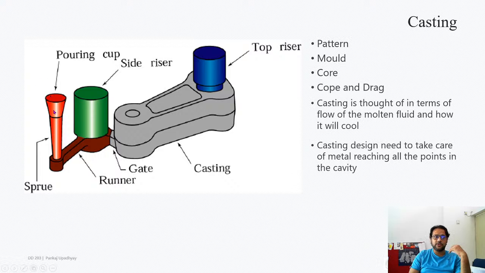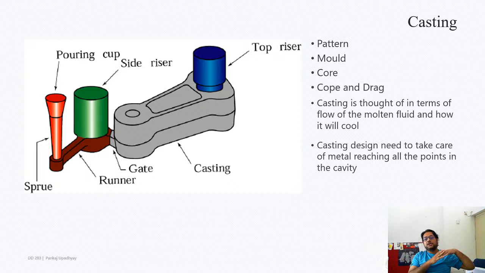Metal is poured over here and comes down, and at this place where it comes down, it swirls a little bit and loses some of its turbulence. This is called a sprue, the one that connects to a runner. A runner is a space created so that the flow of the molten metal is made more uniform.